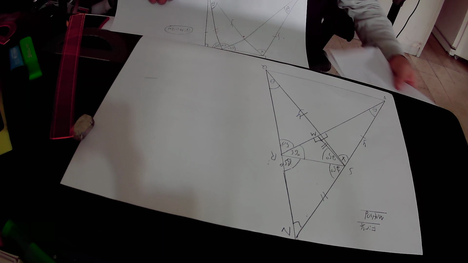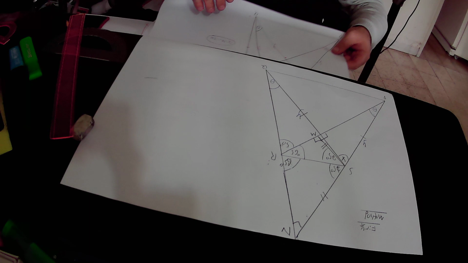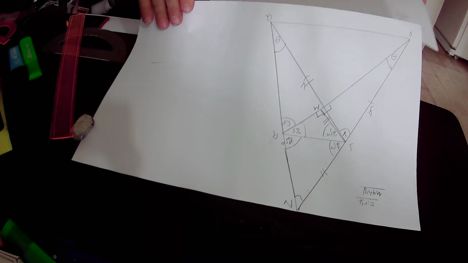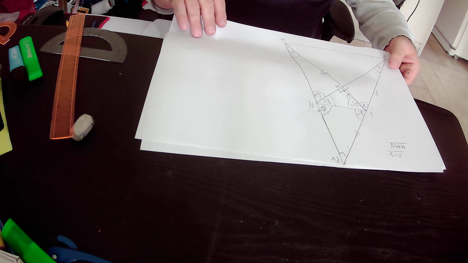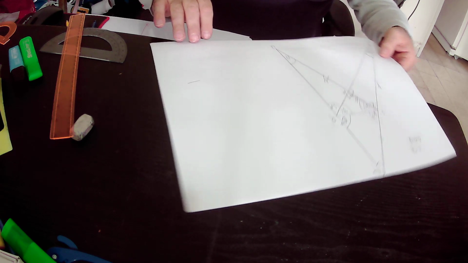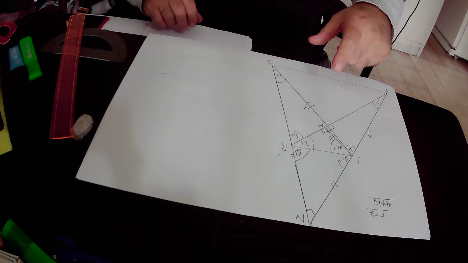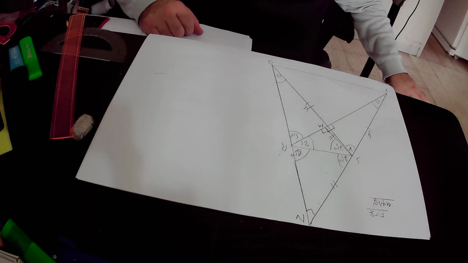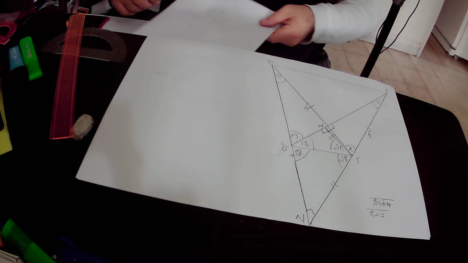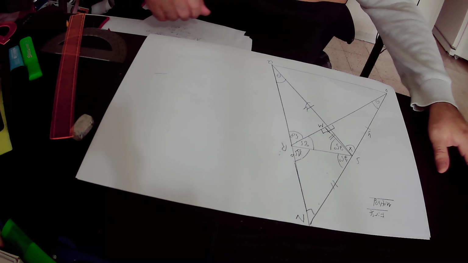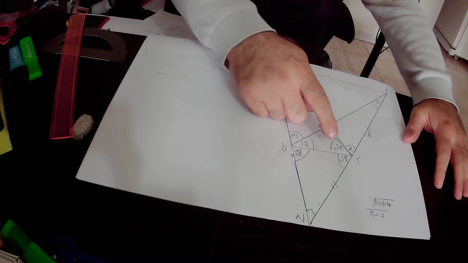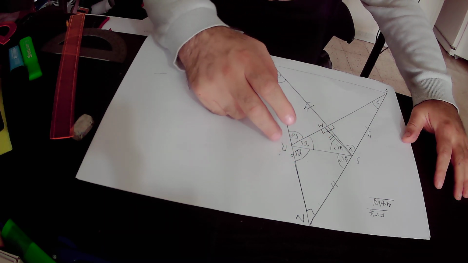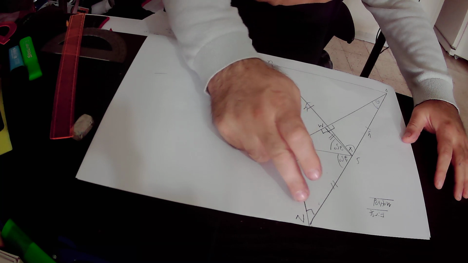So, according to the first method, we extended QR, and then from point S we draw a perpendicular to the extended QR, so this angle is 90 degrees.